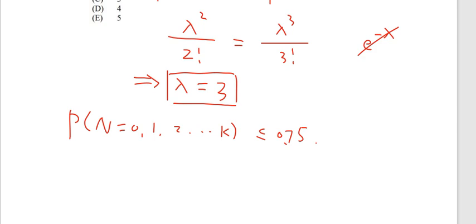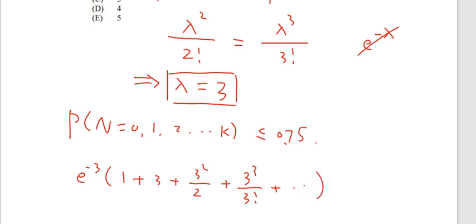N equals 0 is e^(-3). So here it is e^(-3) times 1 plus 3 over 1 plus 3 squared over 2 plus 3 cubed over 3 factorial. So we just check until which number this will be less than 0.75. So just do some calculation, yeah.